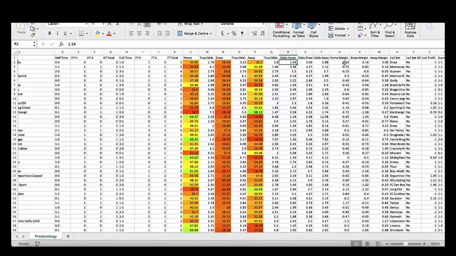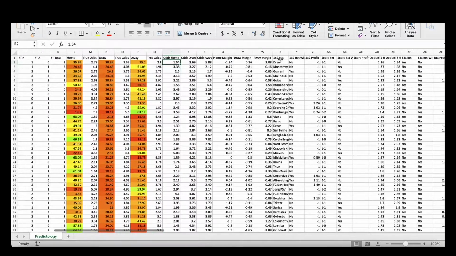This is basically a calculation which has the same effect as looking at the true odds against the real odds. And we're looking for a positive figure to indicate value and a negative figure to indicate a lack of value in the market. And this one in particular was not value, despite the final result.